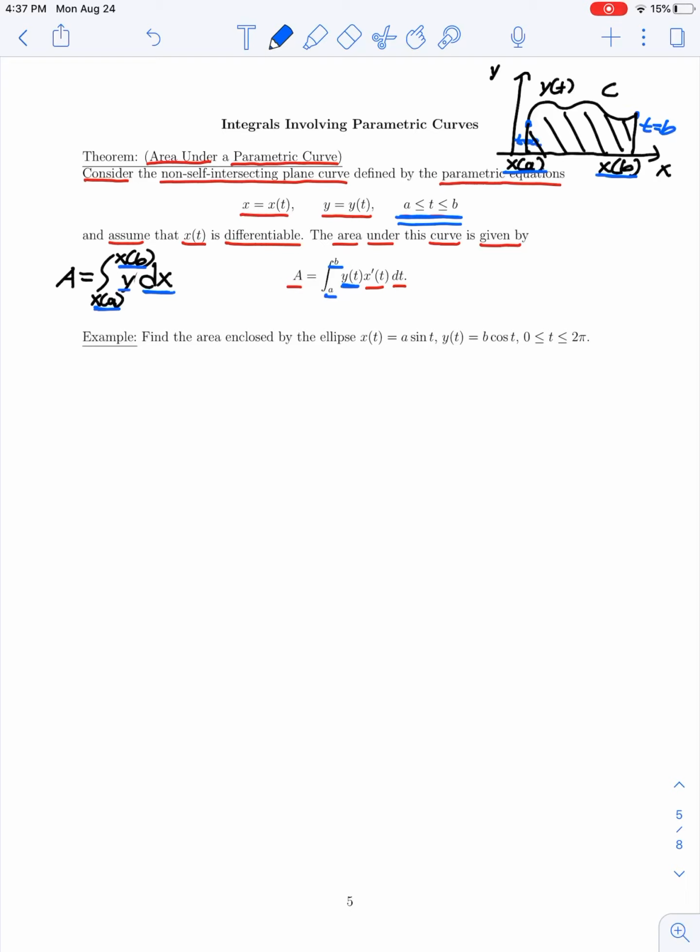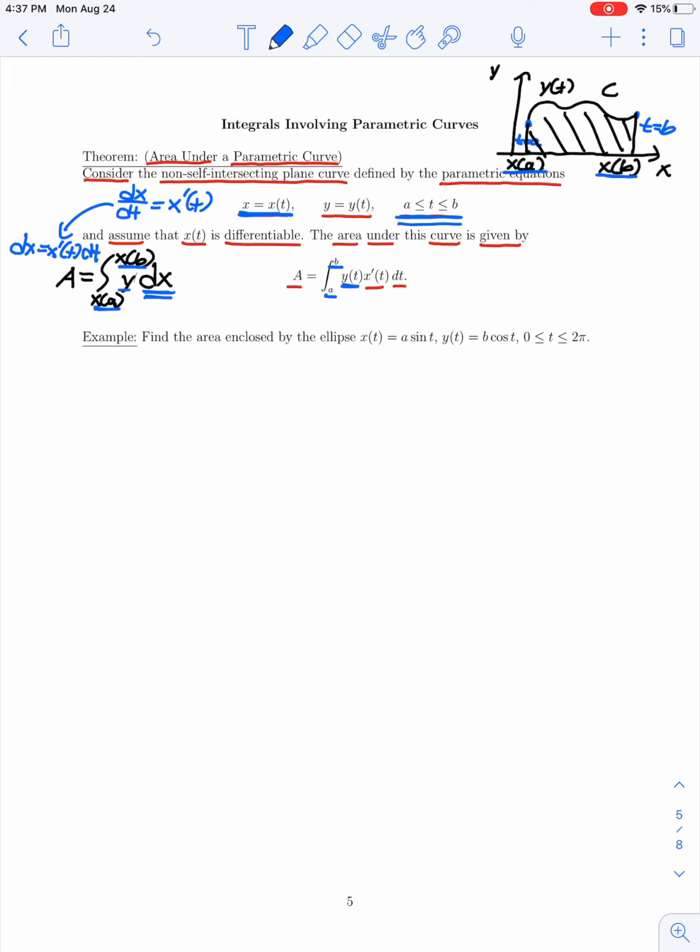Recall, if x is equal to some function x of t, then the derivative, which would be the quotient of these differentials, dx dt, would be just x prime of t. So solving for dx, we would have dx is equal to x prime of t dt.